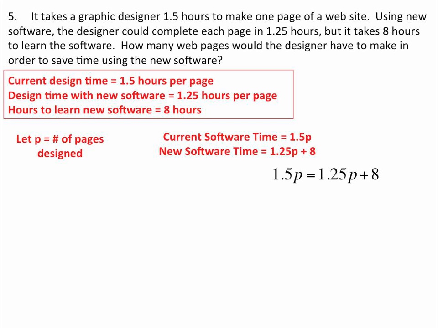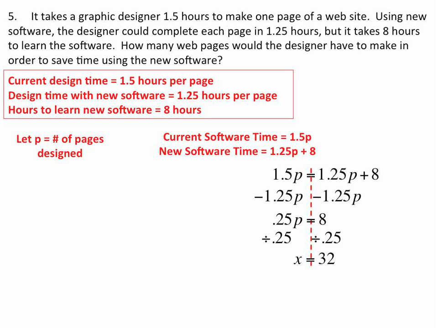Anytime after that point, the new one would work better. Now it's just an equation with variables on both sides. Chop off the p's to get all your p's on one side. 0.25p equals 8. Divide both sides by 0.25. Be careful. 8 divided by 0.25 is going to get bigger than 8, and p is 32.